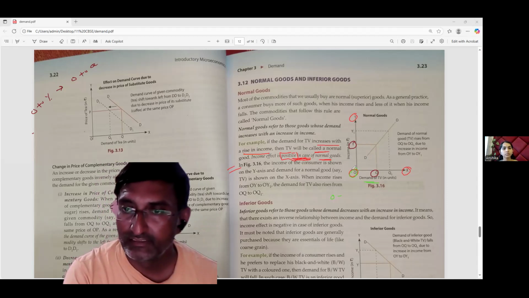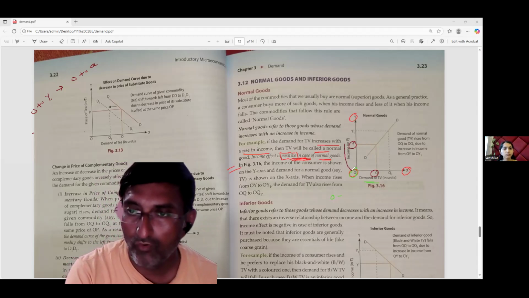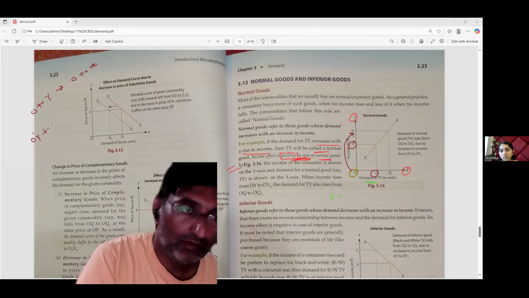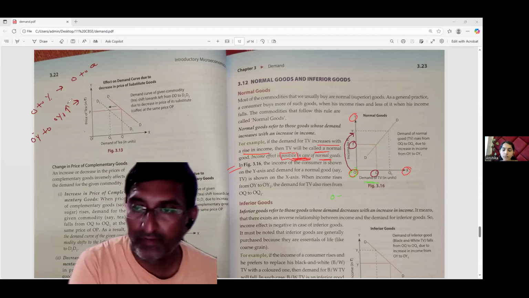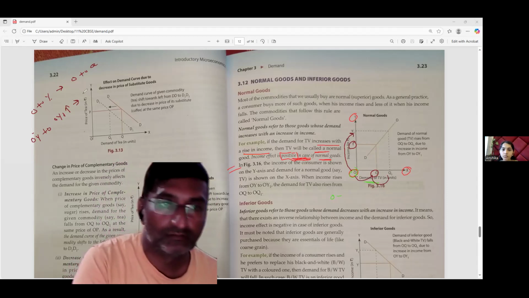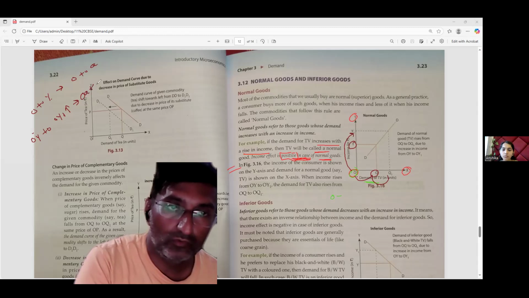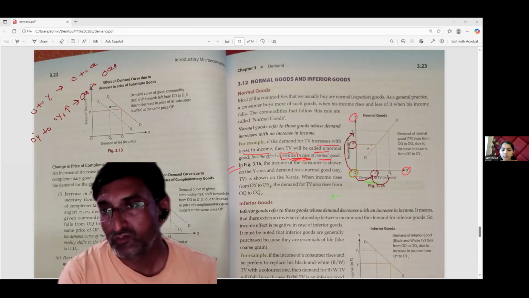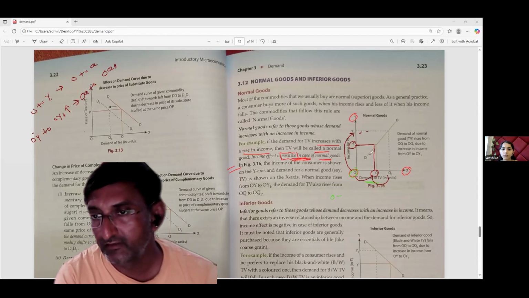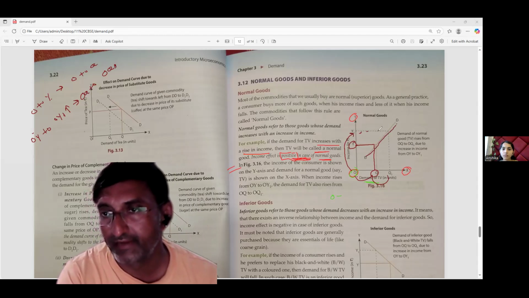When his income level is increased from OY to OY1, the demand also increases from OQ to OQ1. So you can say the demand curve goes to the upward side.